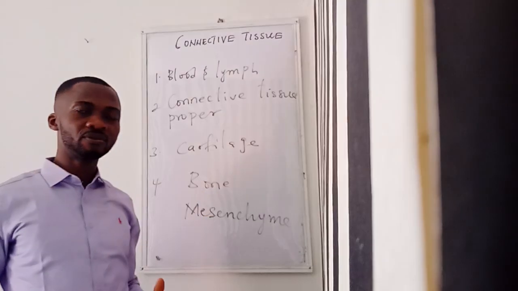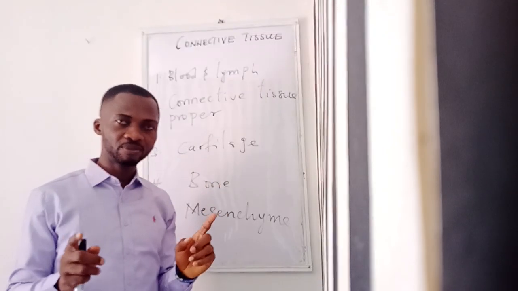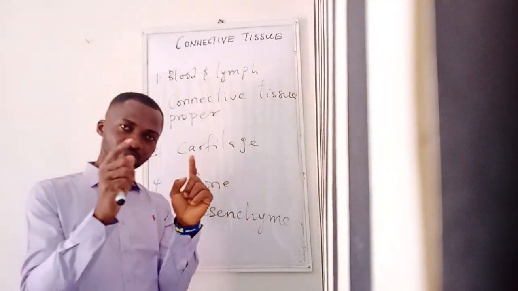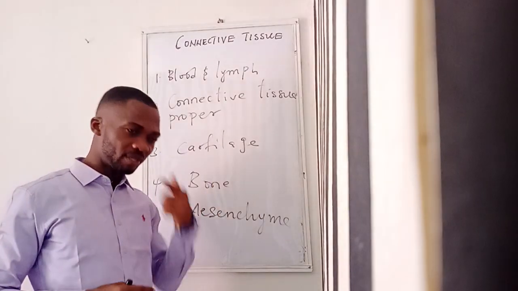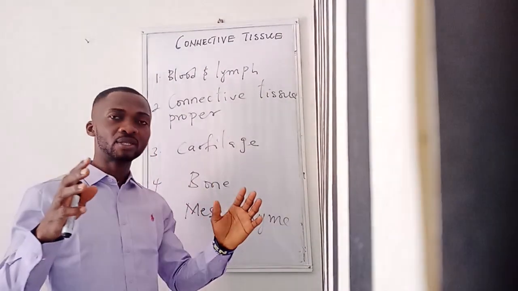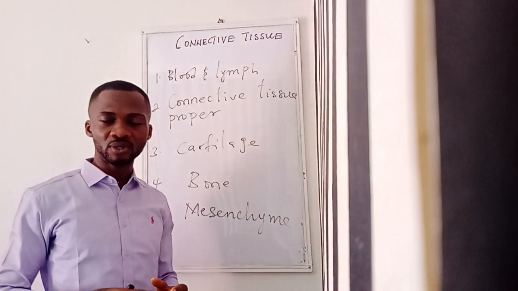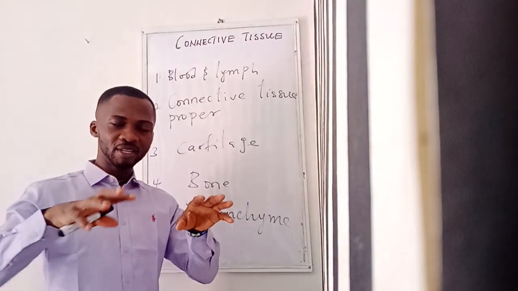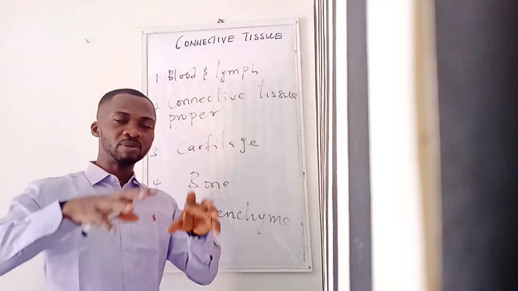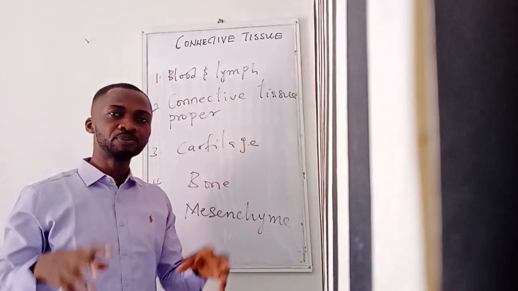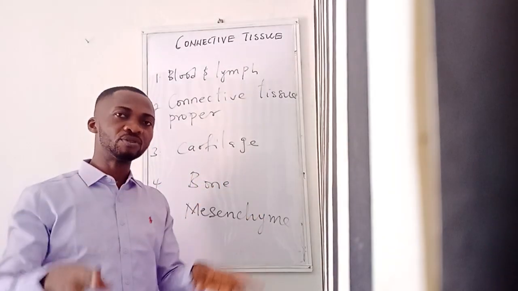Now, when we talk about connective tissue, the word connective means bringing things together. So, a connective tissue is a tissue that connects different tissues and organs together. So, you discover that the spaces between tissues and organs are filled with connective tissues.